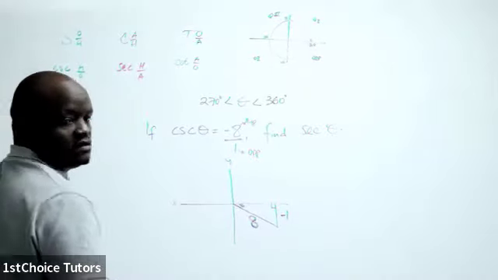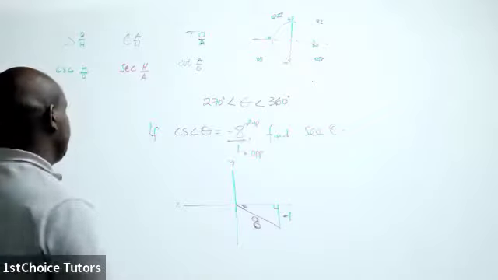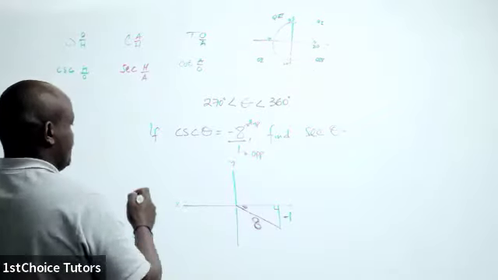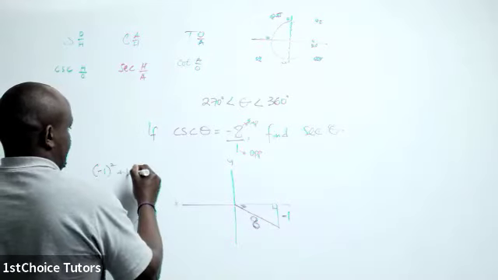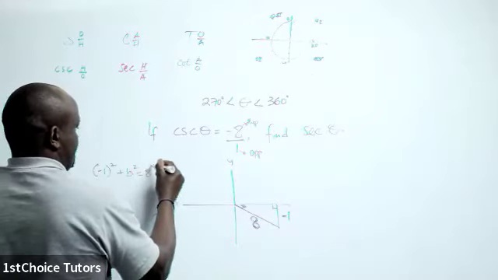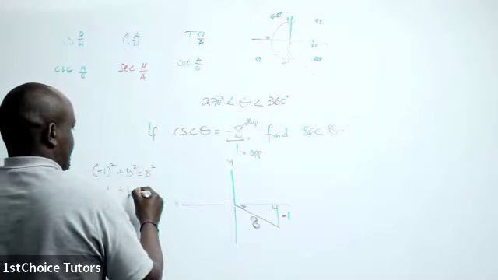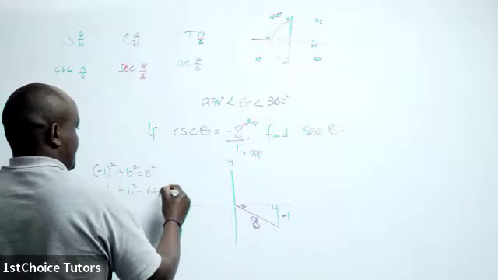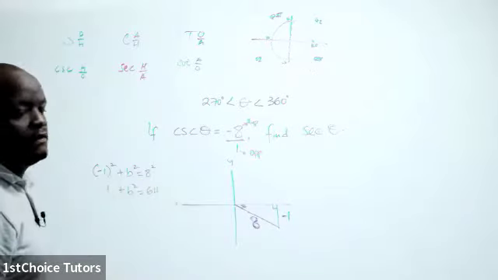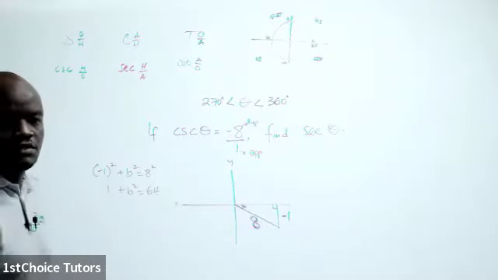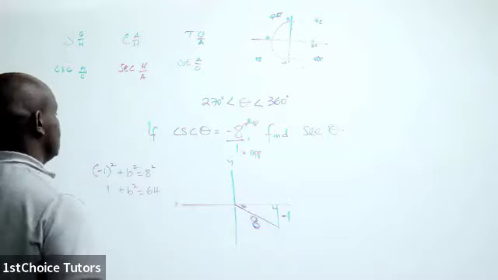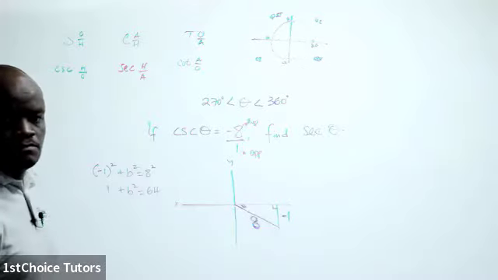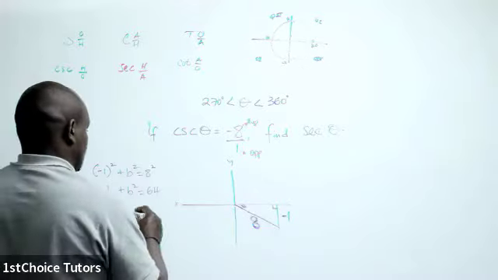So doing that, negative 1 squared plus b squared equals 8 squared. Negative 1 squared becomes 1, because negative 1 times negative 1 is 1. 1 plus b squared equals 64, minus 1.